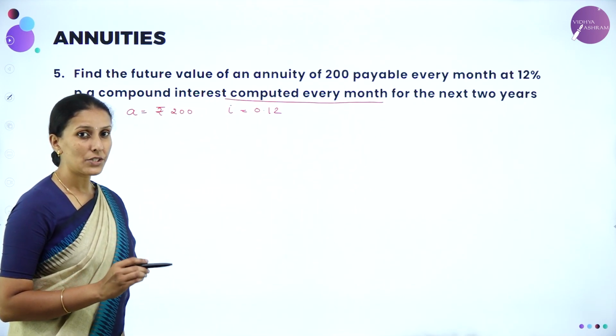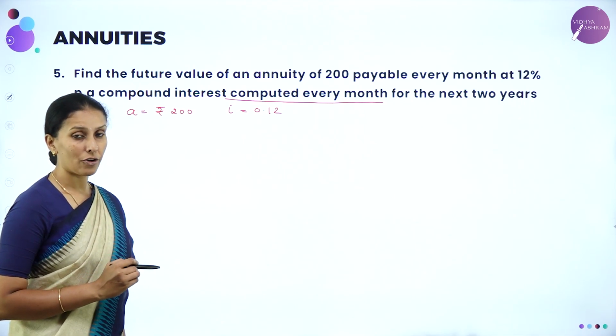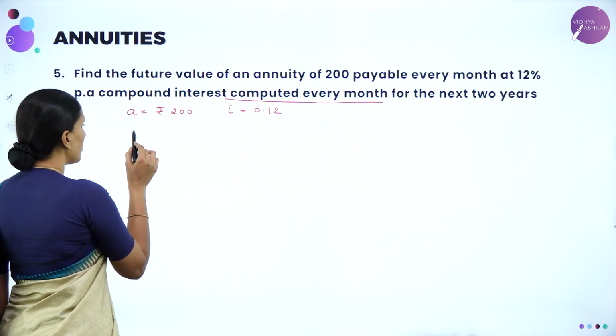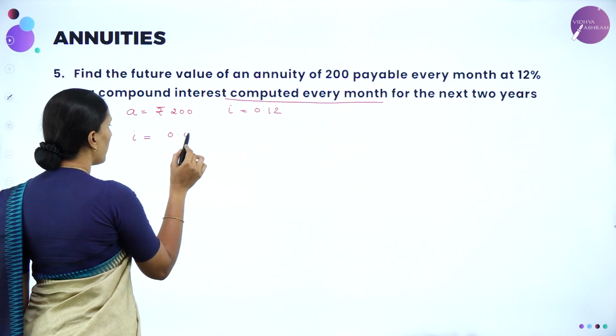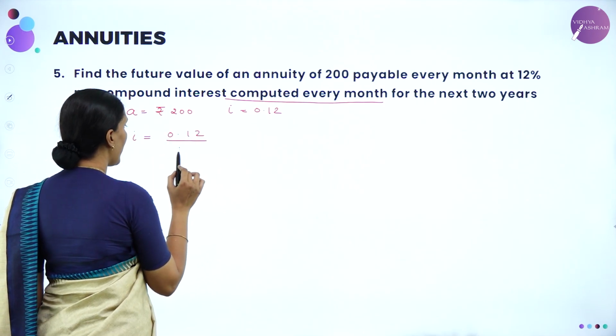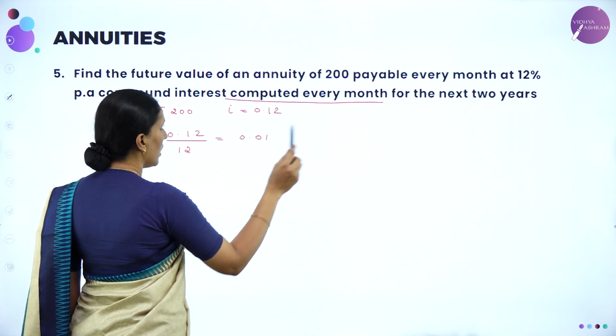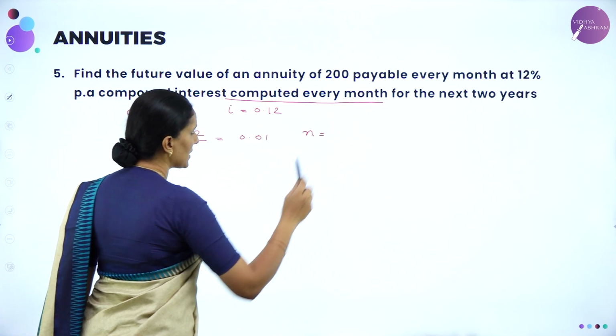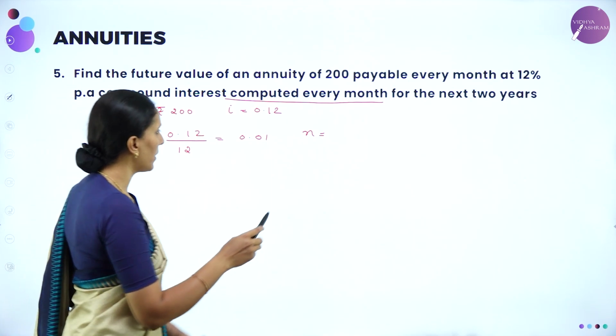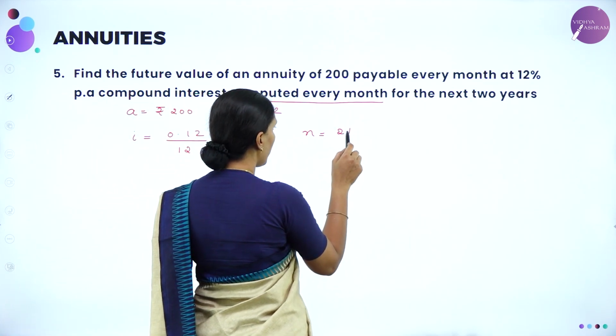So first we need to calculate the rate per period, I, which is 0.12 divided by 12, so 0.01. Now n is the number of installments. For 2 years every month, the number of installments is 24.